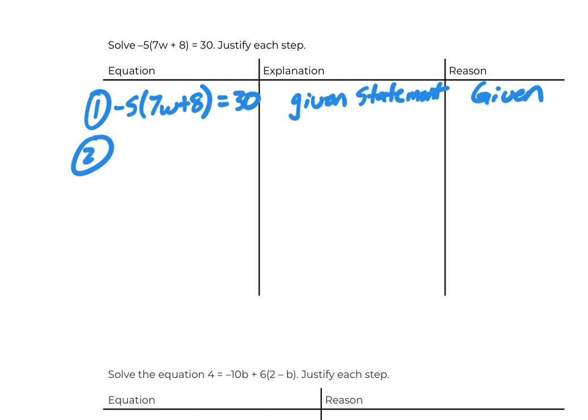As I solve this equation out, and that's really the question you're going to ask yourself: as I solve this equation out, what is going to be the first step to get w by itself? We're going to distribute, right? Okay, so we're going to take the negative 5.